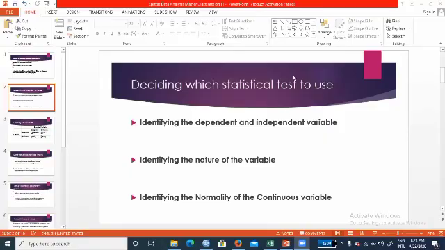Our independent variable usually used to be the factors we are determining, such as if you want to check for the full blood count or blood glucose level, they will change.